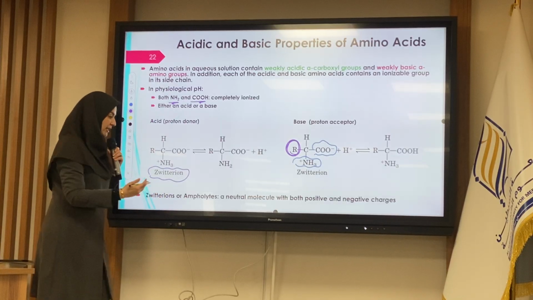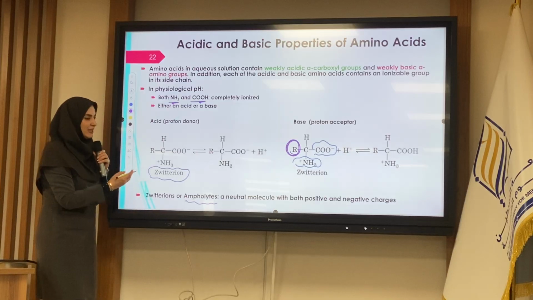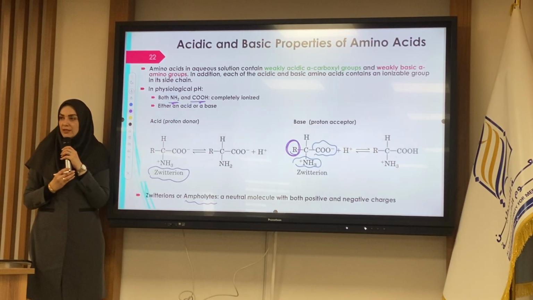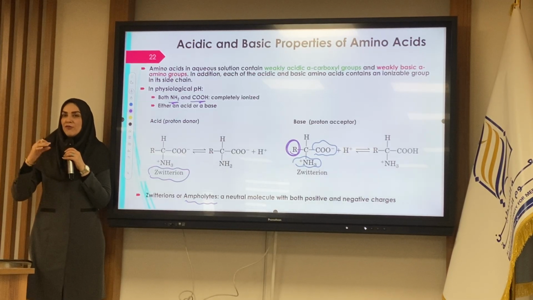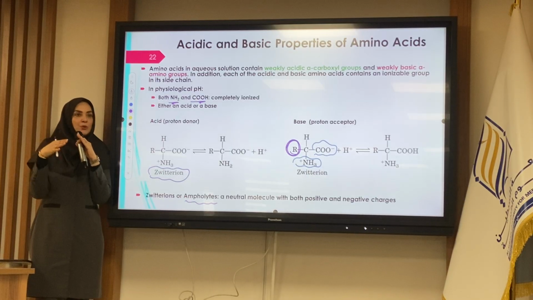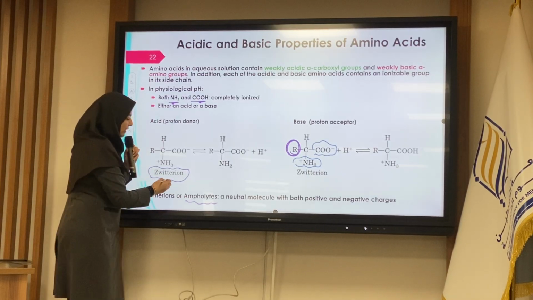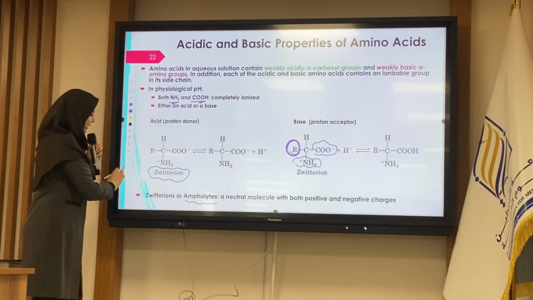The other name is ampholyte, a neutral molecule. What does neutral mean? If you calculate the sum of the negative and positive charges, they are equal, 0. So a Zwitter ion is a neutral form of your molecule.